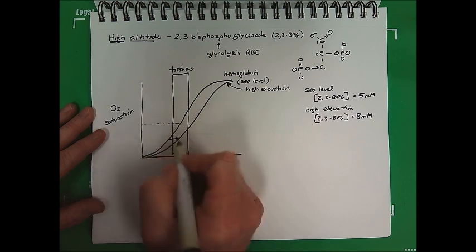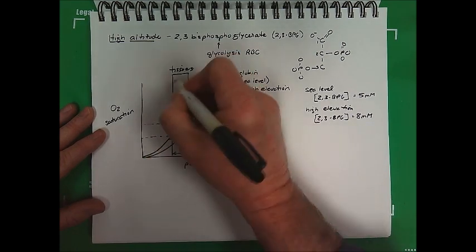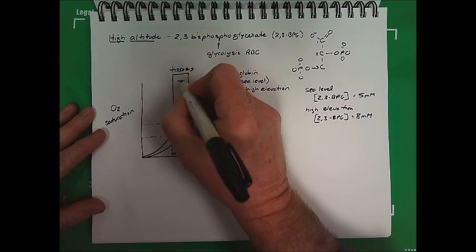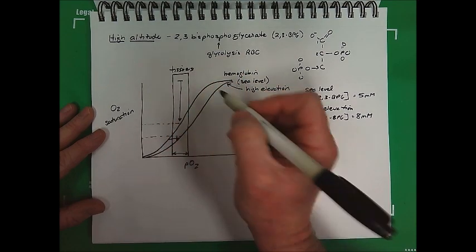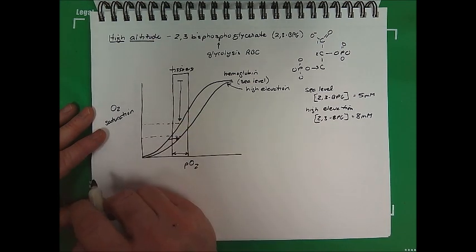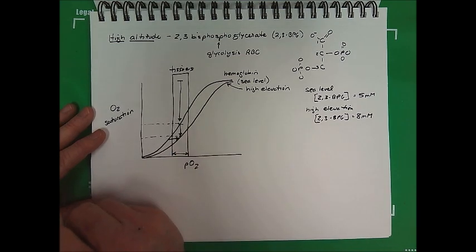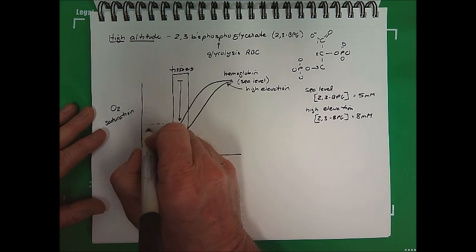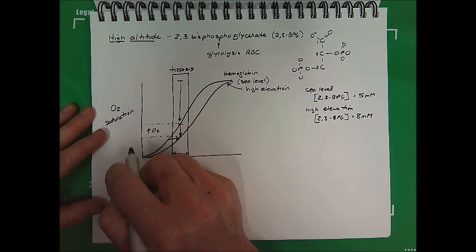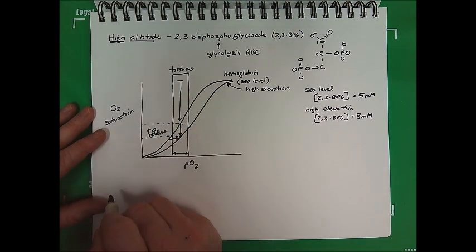If we look at our midpoint reaction here, this is the amount of oxygen released with a smaller amount of BPG. If we add BPG at a higher concentration, we see that more oxygen is released. So the net effect of 2,3 BPG is to increase the oxygen release at higher elevations.